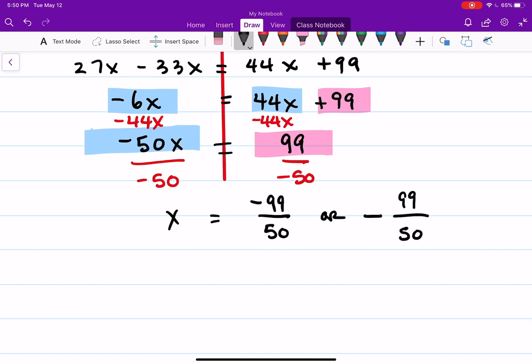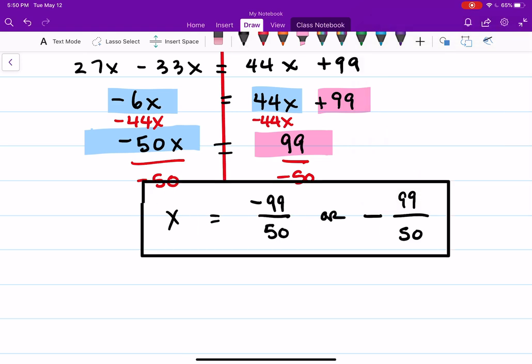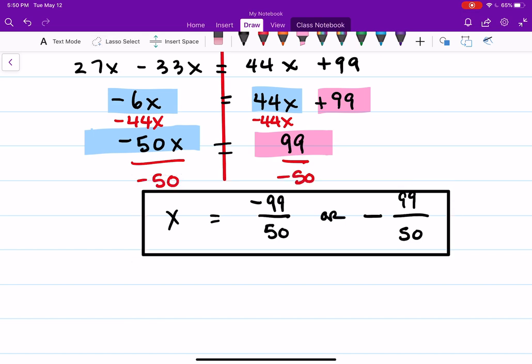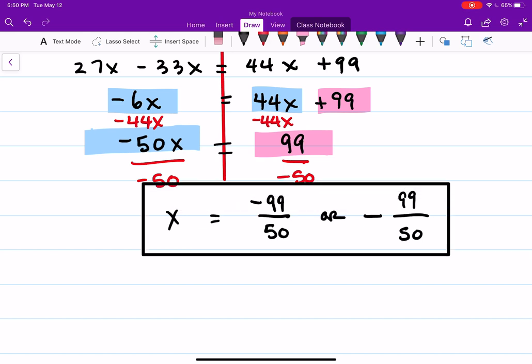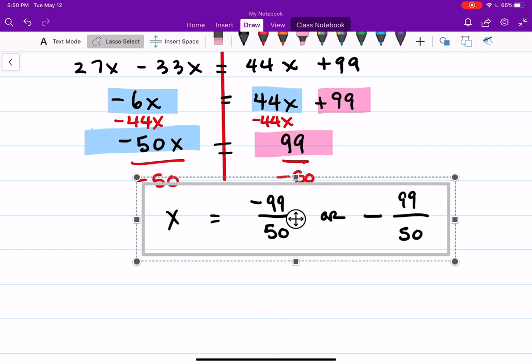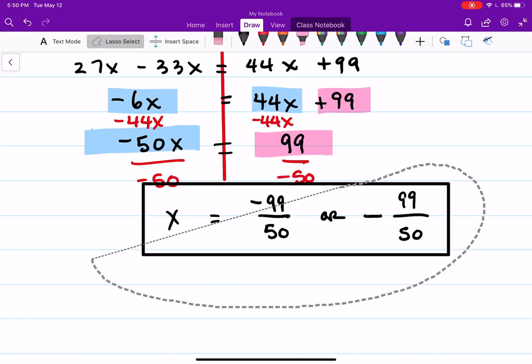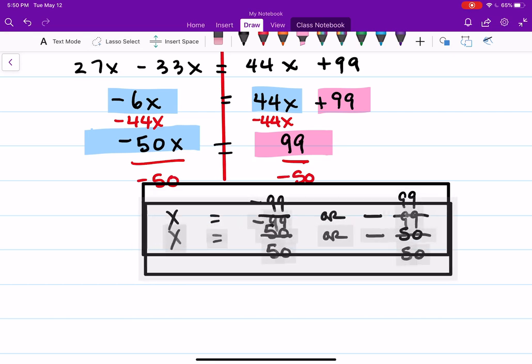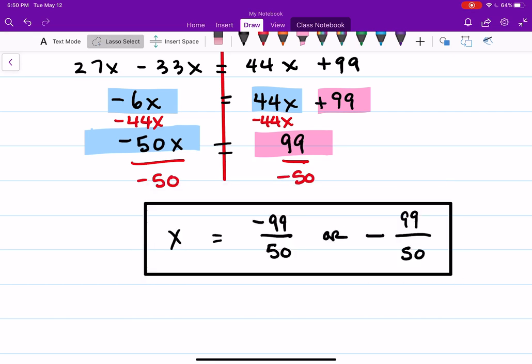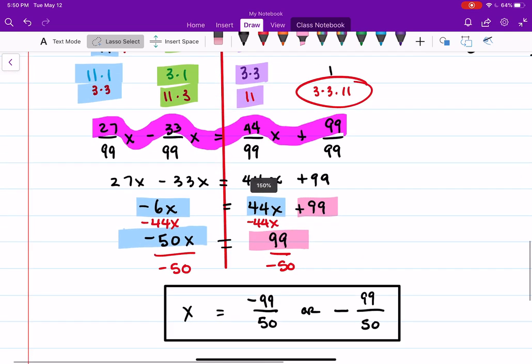These two are acceptable forms, but not the negative on the bottom. There we go. Okay, so that's what we have.